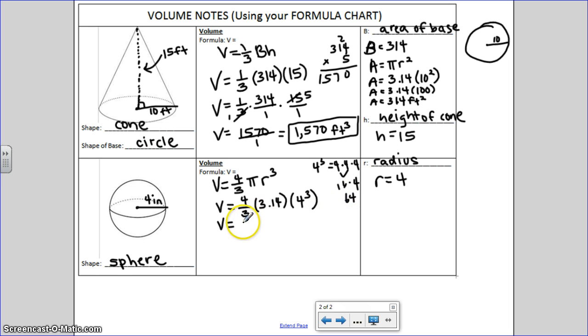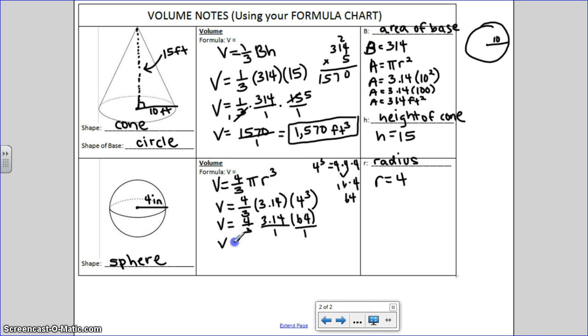64. So I'm going to substitute in everything I know, and I'm going to say 3.14 times 64. Okay, and now in order to multiply these, I'm going to do this the long way, and then I'm going to show you. So in order to multiply these, I'm going to multiply as a fraction.